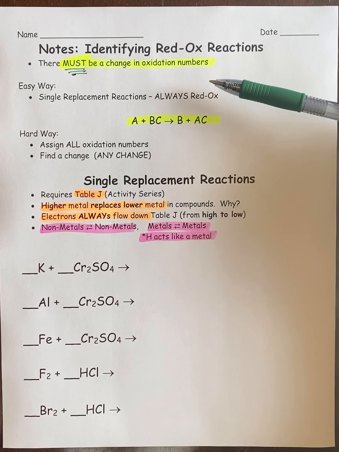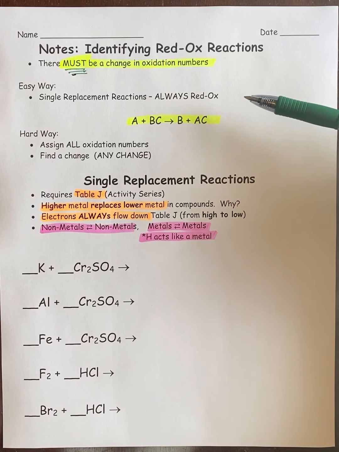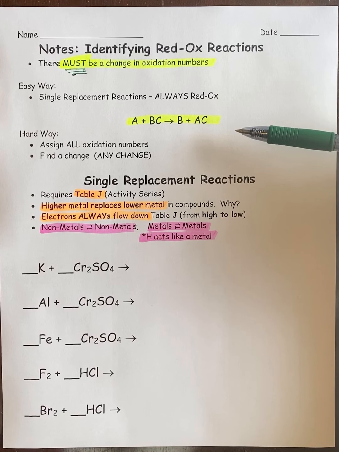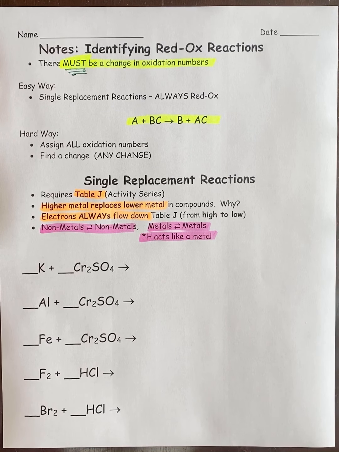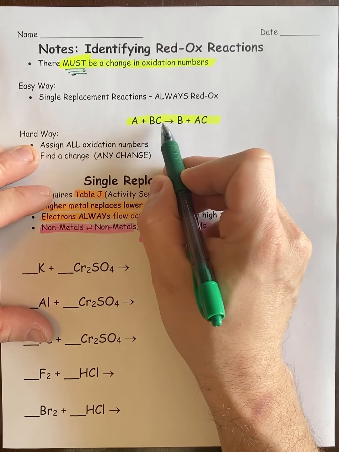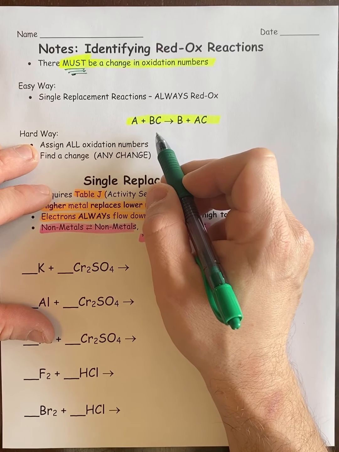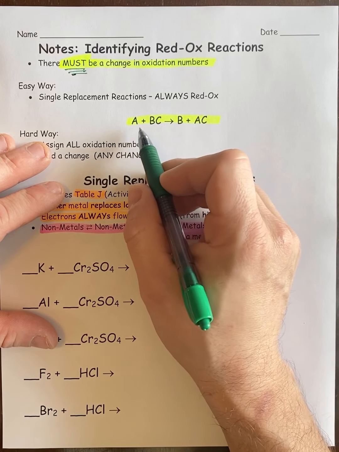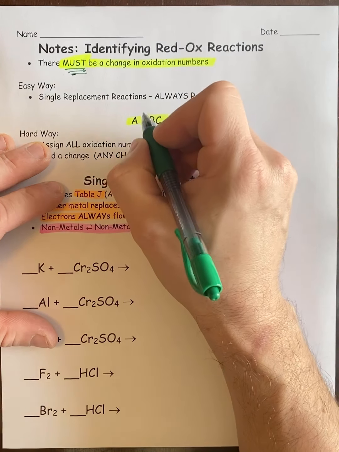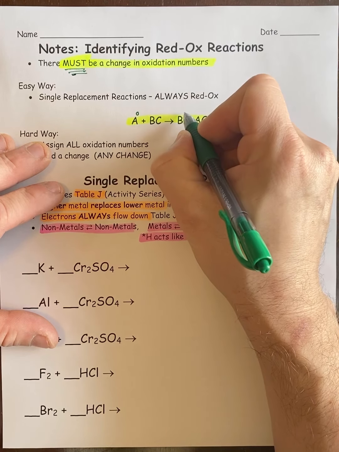The way I like to do it, which works most of the time, I'm calling it the easy way, is to look for reactions that have an obvious change in oxidation state. And the way we find this obvious change is we use our rules. So here are my elements, elements A, B, and C. They're obviously substitute elements. Now, when elements are alone, their oxidation state is 0.